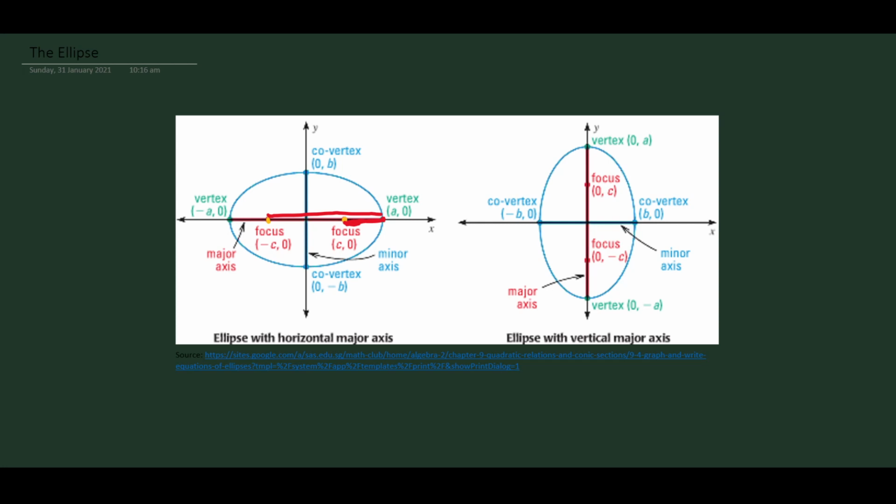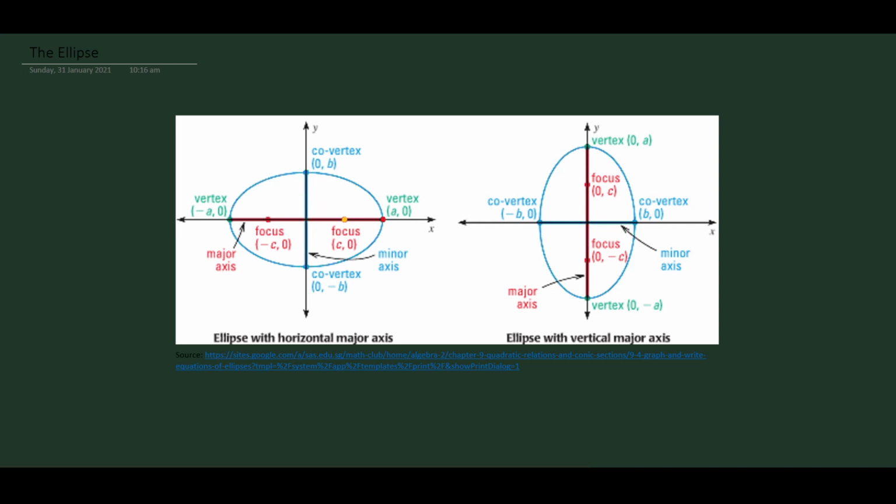As you can see, it is 2a, because this distance right here is the same as this distance right here. If we transfer this distance to here and add them all up, you will get 2a. Very cool. So the constant distance is actually 2a.